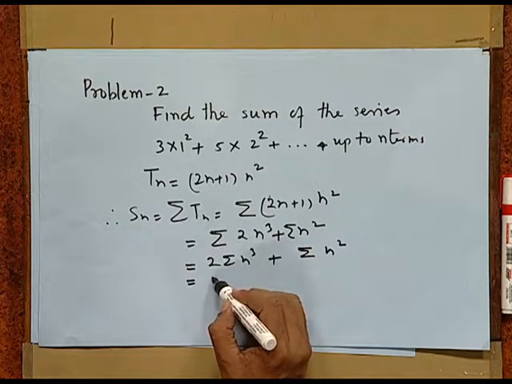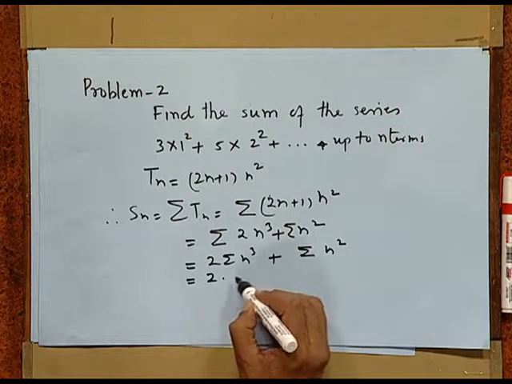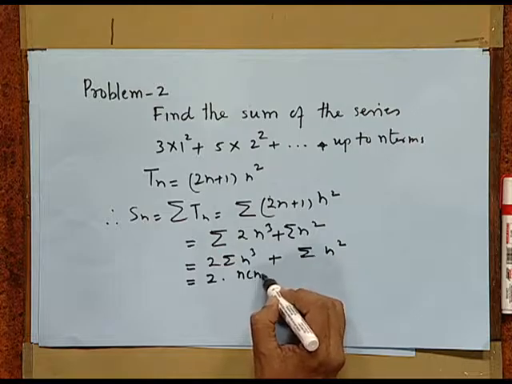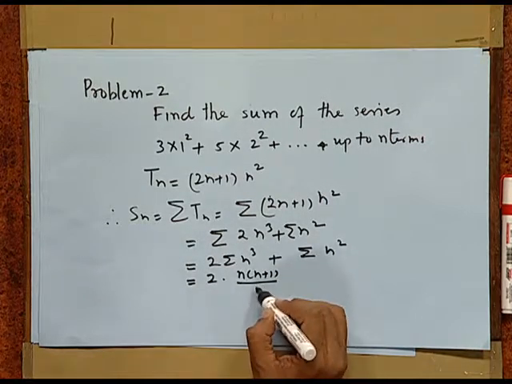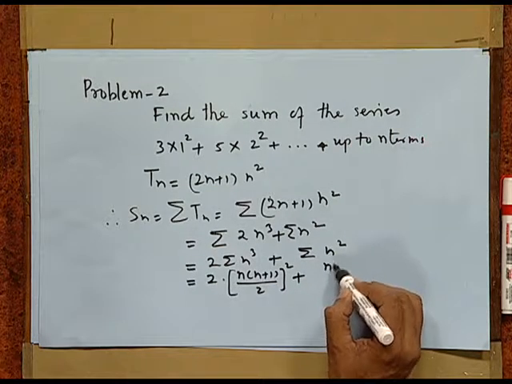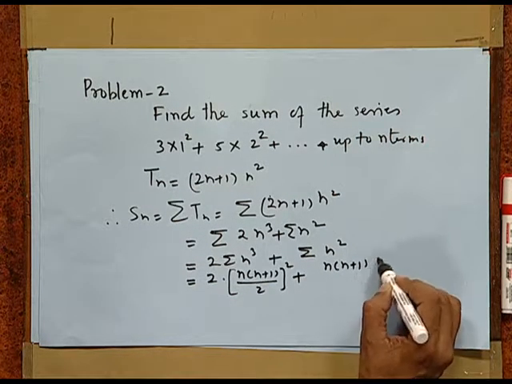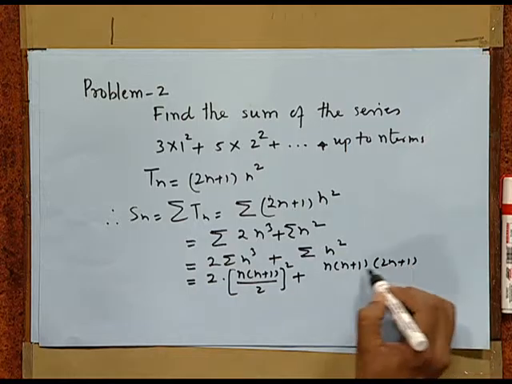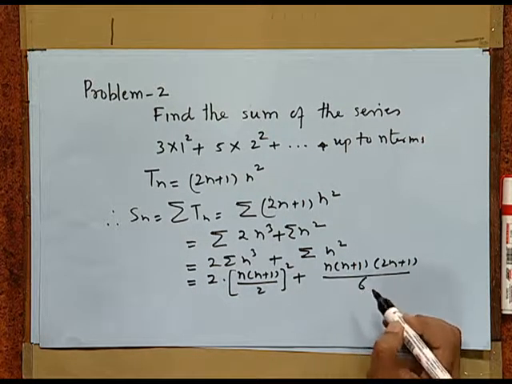We know the value of sigma n cube, so we get 2 times n plus 1 by 2 whole square plus n times n plus 1 times 2n plus 1 over 6.